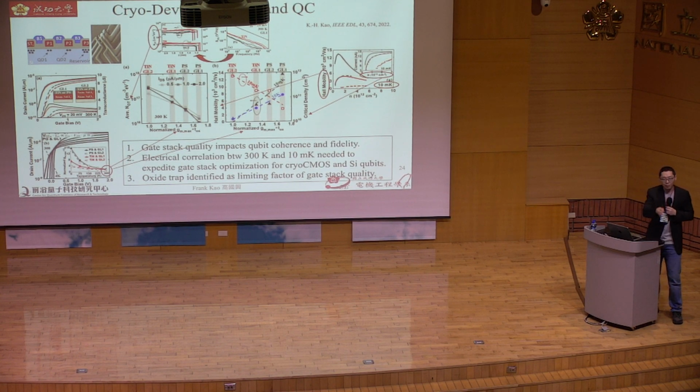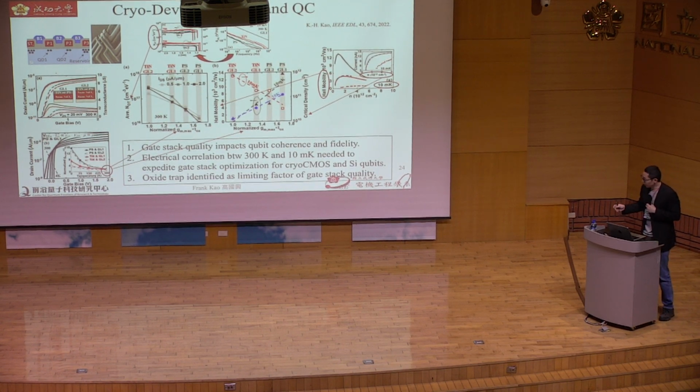You just need to compare their room temperature characteristics, and you can tell which one is going to perform better at lower temperature. So in this sense, you can speed up your device optimization and process fabrication.